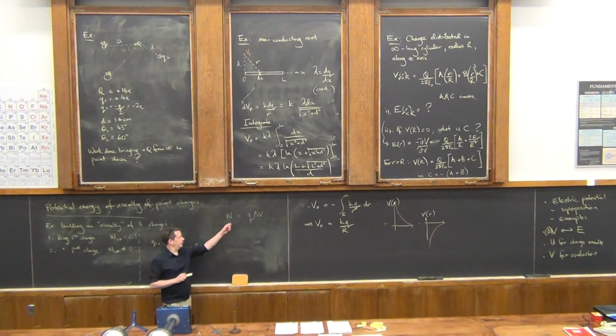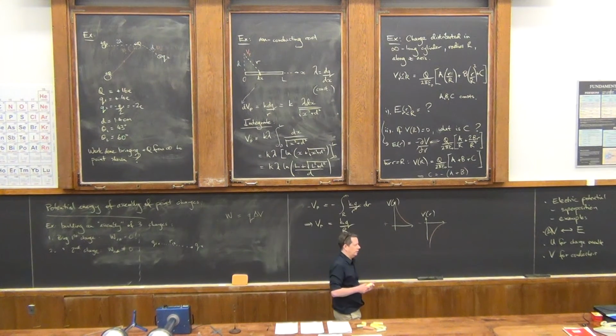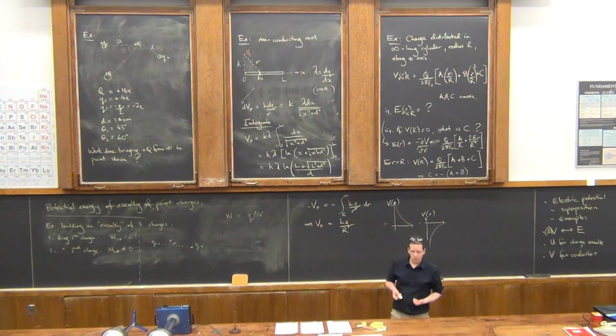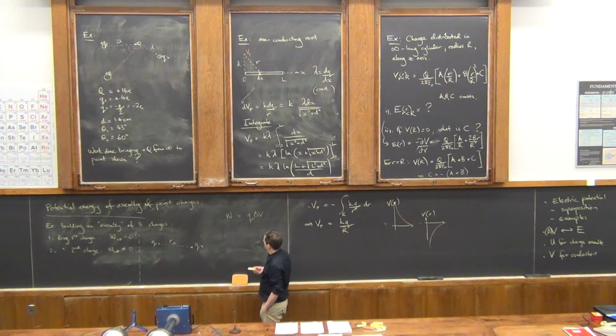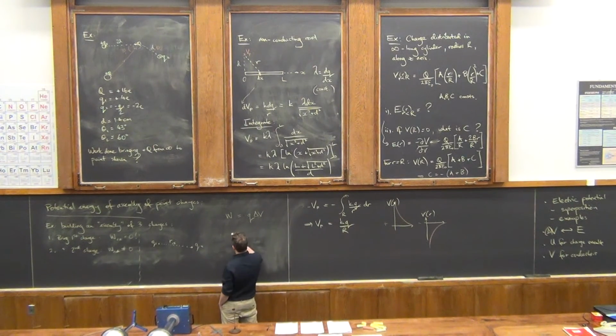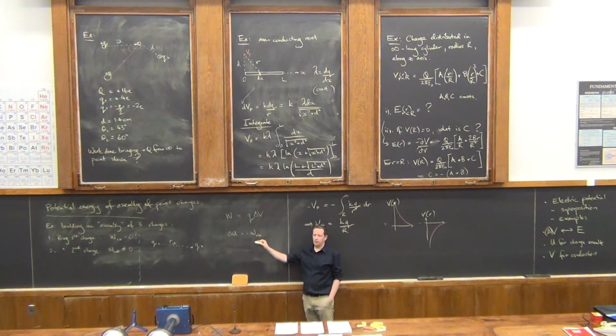I just want to talk about this. The work that I do, I'm an external agent now. I provide some external force, if you will, maybe to move this charge. But it's also true that the change in potential energy is the negative of the work done. I want to be very careful about this. It's the negative of the work done by the electric force.